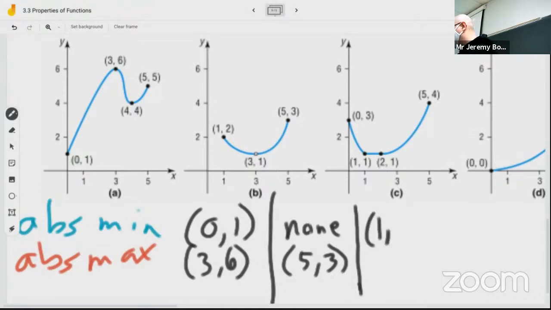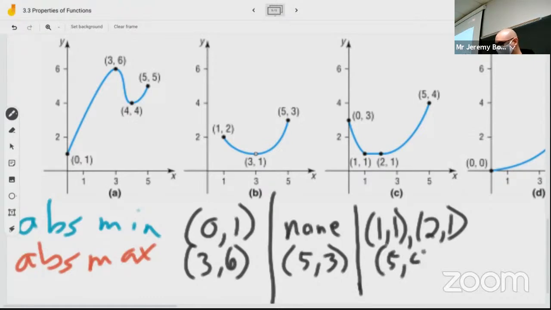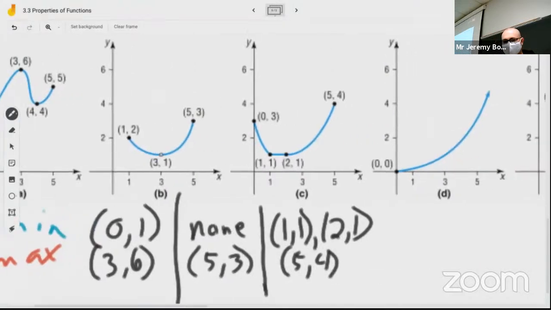But it's going to happen twice. So you have (1, 1). I wouldn't union them because they're ordered pairs, right? They're not intervals. So it's just (1, 1), (2, 1). It happens twice, but the lowest value is 1. And what would be the max? (5, 4). Yep. Any questions on C?